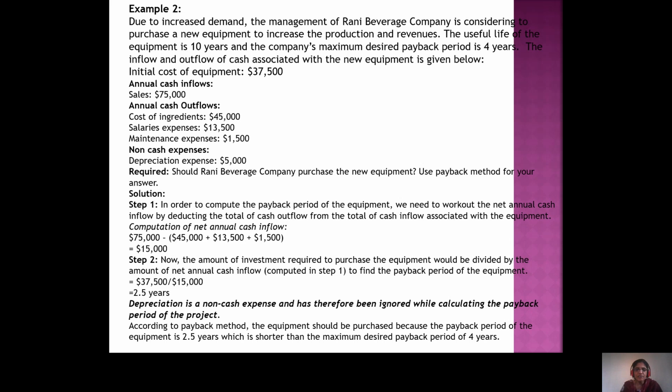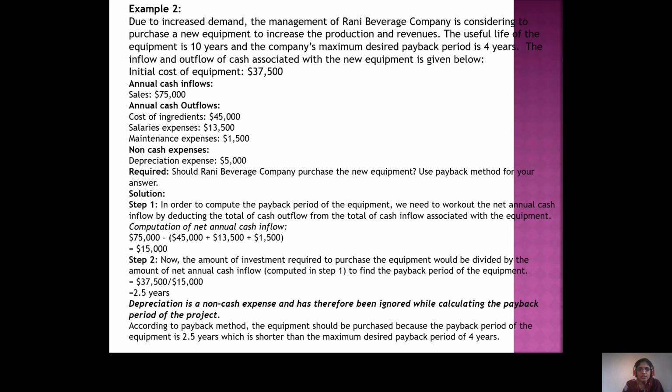So 75,000 minus the cash outflows, 45,000 plus 13,500 plus 15,000, which is 73,500 in total. Then you get a net annual cash inflow of 15,000.